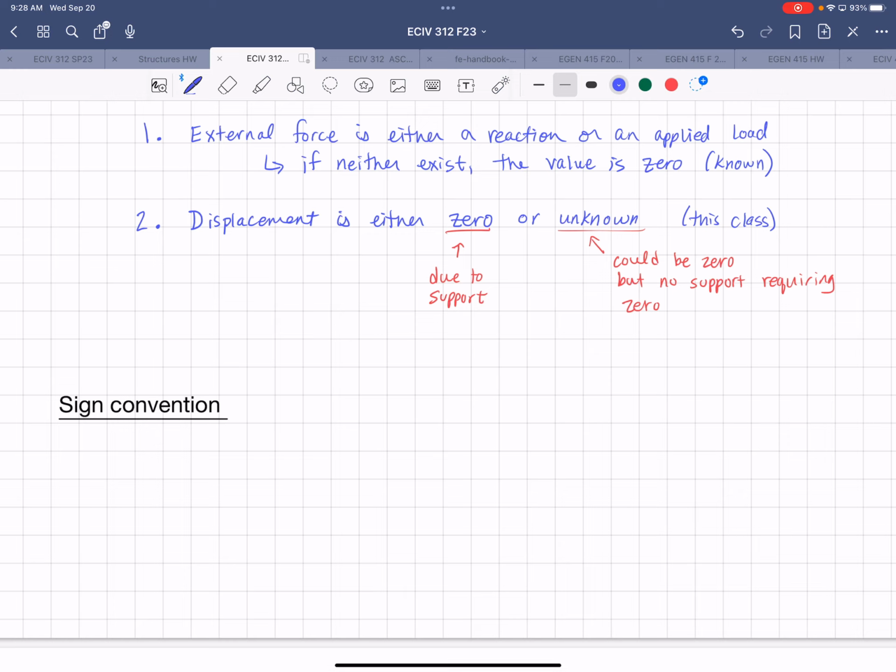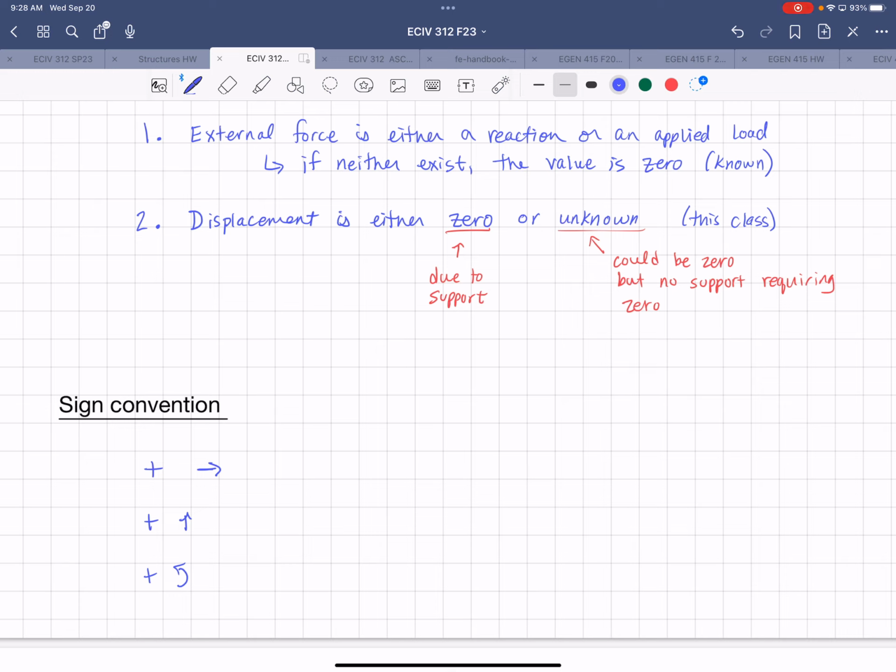All right, so then a few comments on sign convention, and then we'll roll into applying this to axial force systems with single axis. For the finite element analysis method, we always take positive to the right, positive up, and positive counterclockwise.